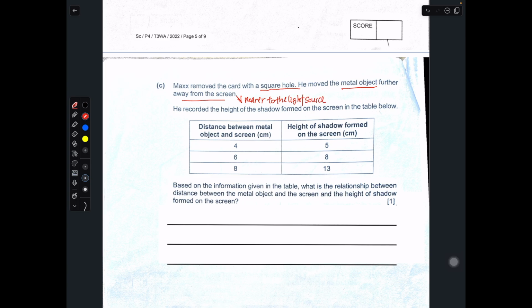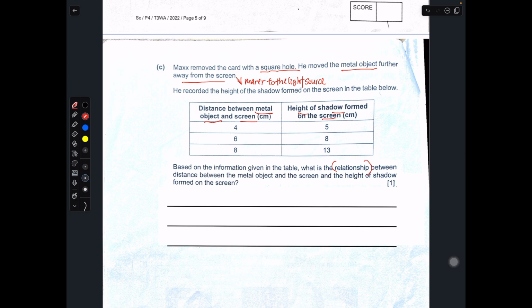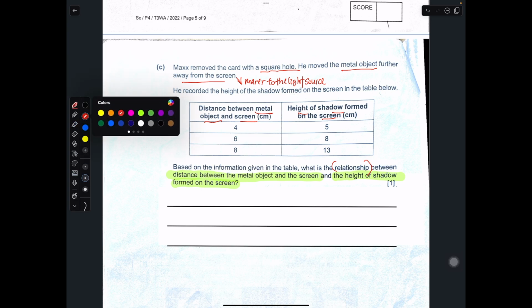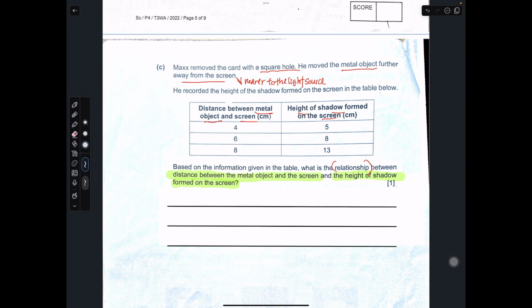He recorded the distance between the metal object and the screen, and the height of the shadow formed. Based on this, what is the relationship between the distance and the height of the shadow? The distance is the cause, or what you sometimes call the change variable.